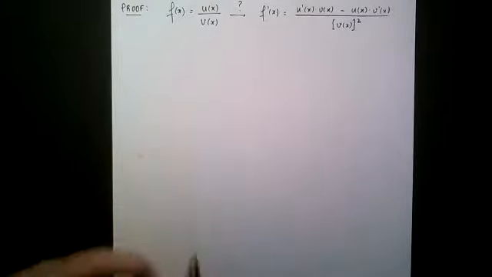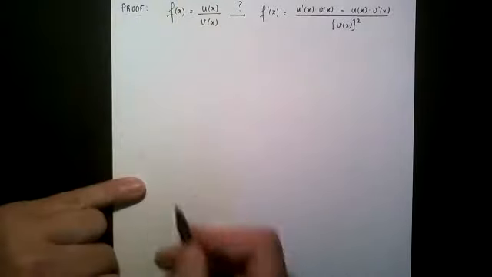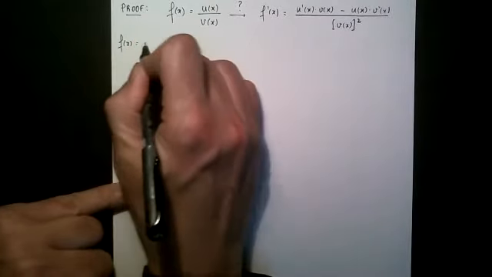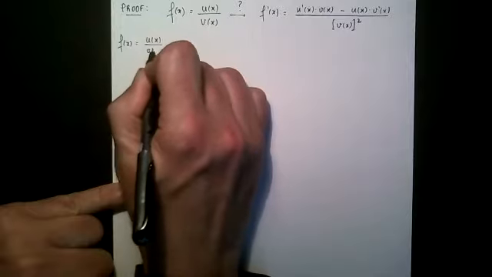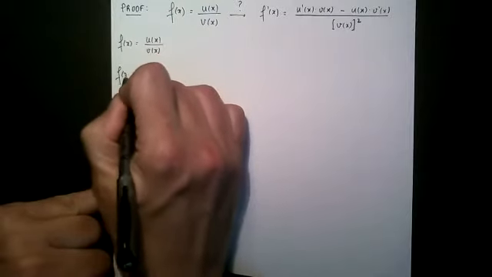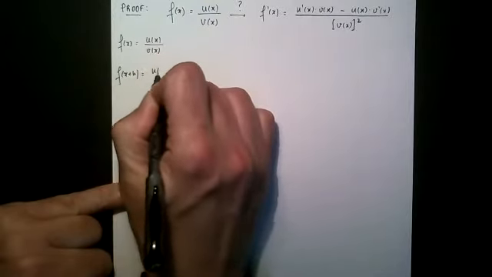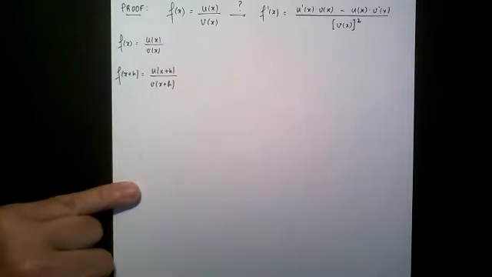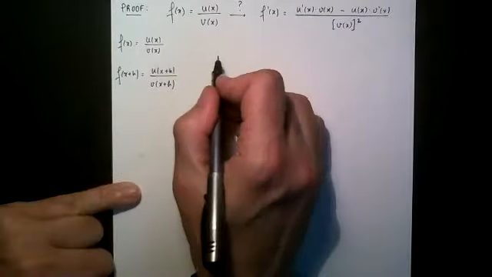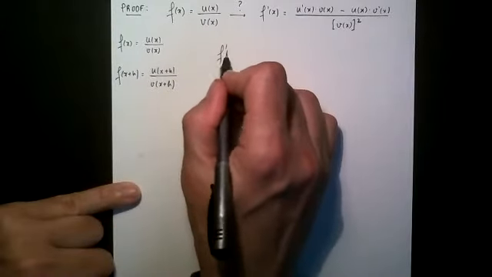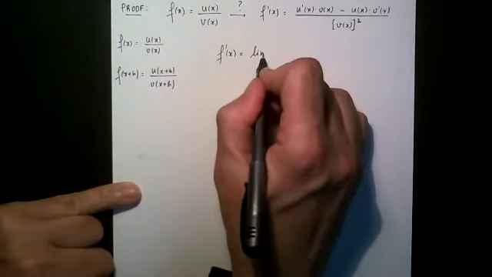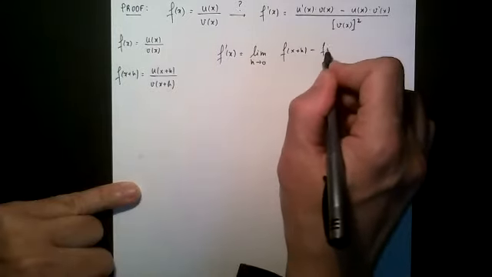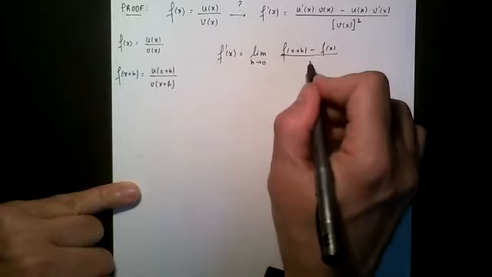And let's start. I started last time, so I'm going to go right away until where we were up to. We said that f of x is u of x over v of x. So this means that f of x plus h is u of x plus h divided by v of x plus h. Then f prime of x is equal to the limit as h approaches 0 of f of x plus h minus f of x over h.